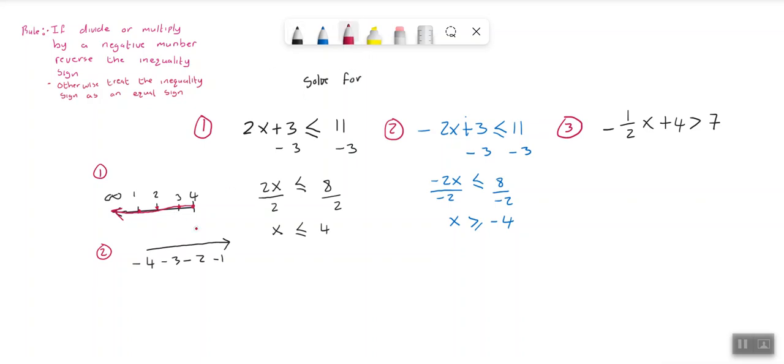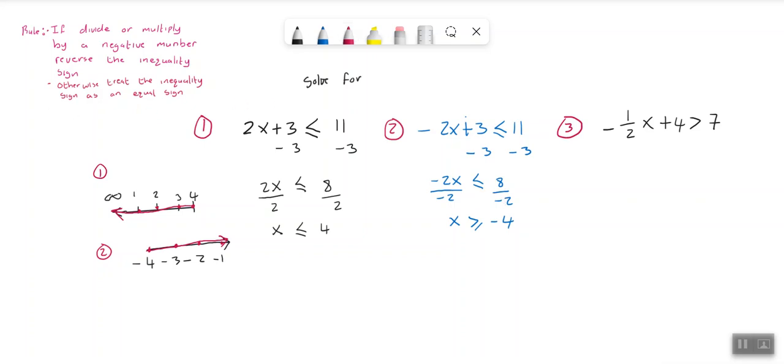So it would include negative 4, negative 3, negative 2, negative 1, and it would move in that direction and include all those numbers. And then we can see there how we have used this rule because we've had to divide both sides by a negative number.